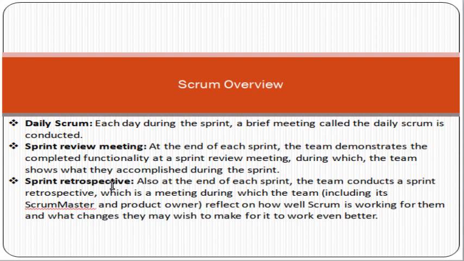You can think of this as lessons learned, in which we learn that whatever mistakes we made in the sprint, we should not repeat them, and the good things which we have done, we should repeat in the next sprint as well.